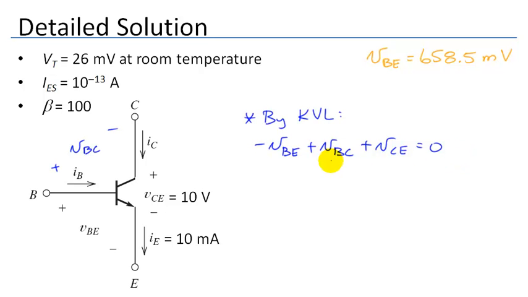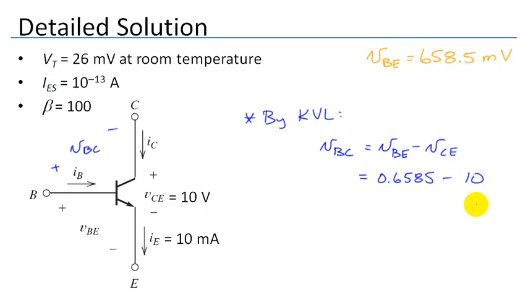Set the result equal to 0. We're trying to find VBC, so I'll put everything else on the other side of the equation. So we had a value for VBE, and the collector to emitter voltage is 10 volts from the problem statement. And VBC then is minus 9.341 volts.